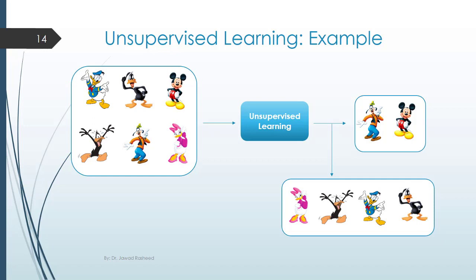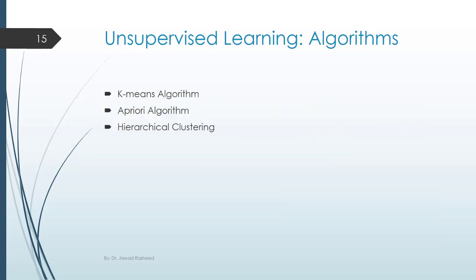Algorithms are left on their own to discover and present the interesting structure in the data. I hope now you have understood and you can differentiate what unsupervised means and what supervised means. So let's move on and see some of the popular unsupervised learning algorithms.